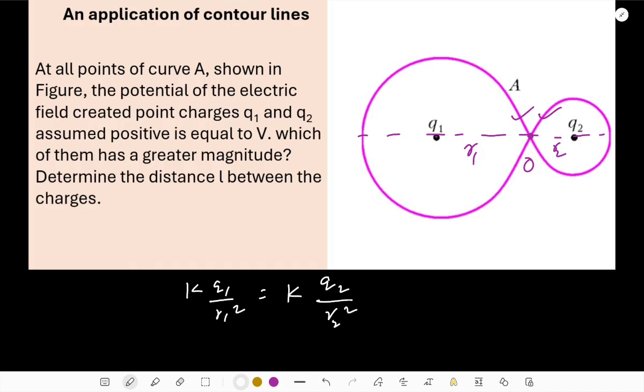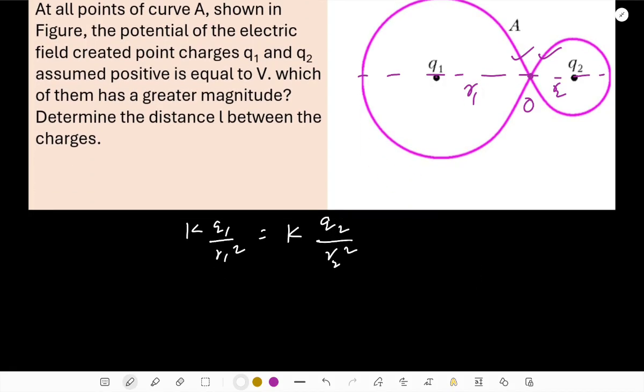And you know, the potential at this point O can be written simply as phi equals k q1 by r1 plus k q2 by r2.